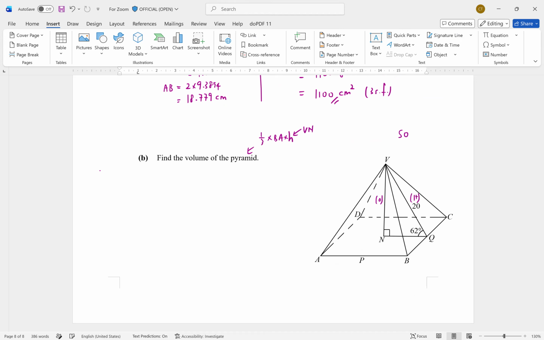We already know the base area because we know the base length. So let's use sine. Sine 62 equals VN, opposite over hypotenuse, so VN will be 20 sine 62 degrees.